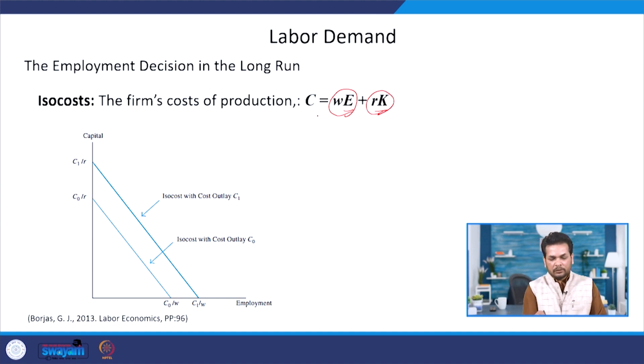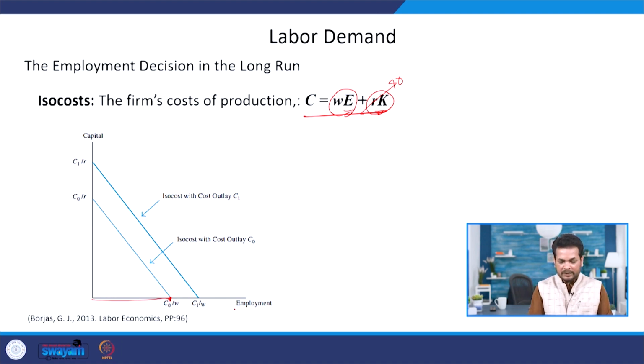This is the total cost function for a firm. If the firm has some amount of money to spend on these two factor inputs, then the firm has to choose how much labor should be hired and how much capital should be employed. If the firm spends this entire money on labor, making capital 0, then the firm should hire this much labor.